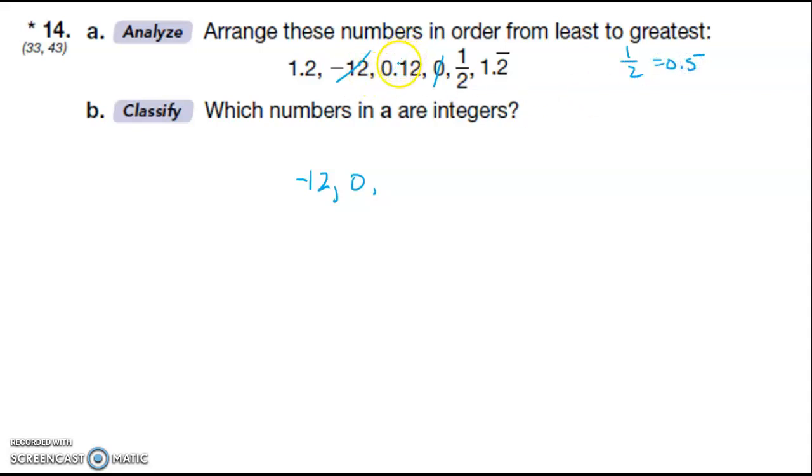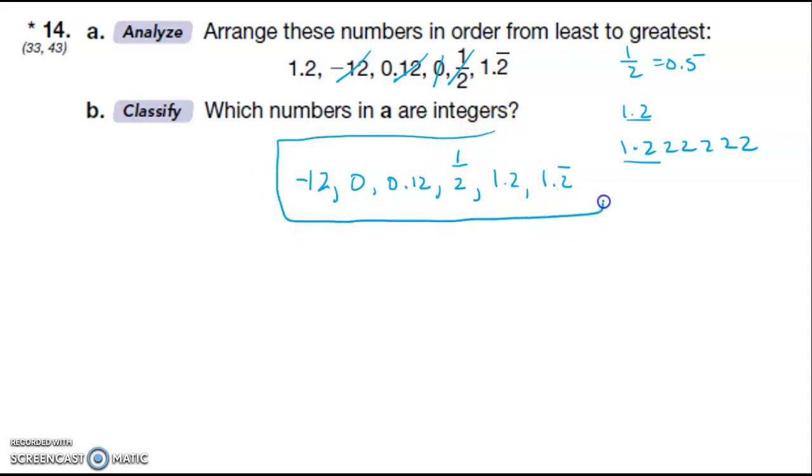So it's going to be 0.12 is next, and then 1/2. And then here I have 1.2 and I have 1.2 repeating. So this is larger than this one. So this is going to be 1.2 and then 1.2 repeating. And that's my answer to A.